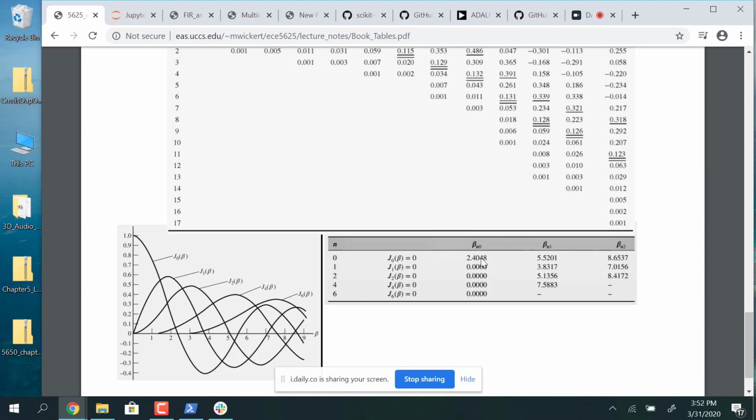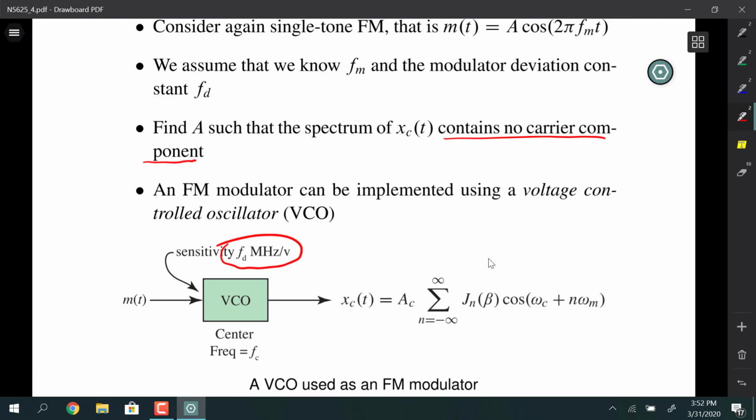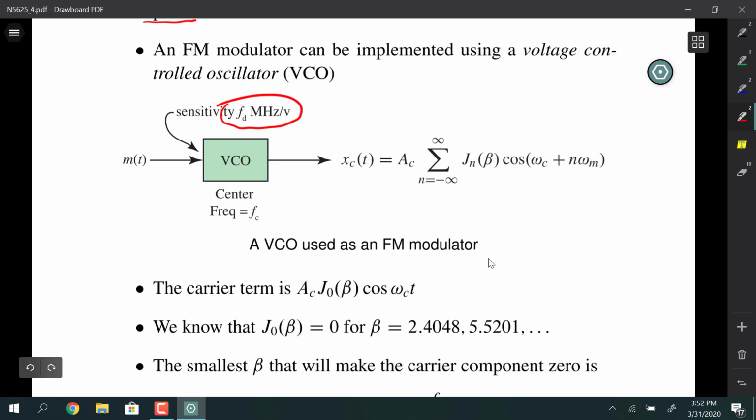And you'd say, I don't know what the answer is because it happens many times. The very first time that it goes through 0 is when beta is 2.4048. And that's what I'm looking for in this particular problem.